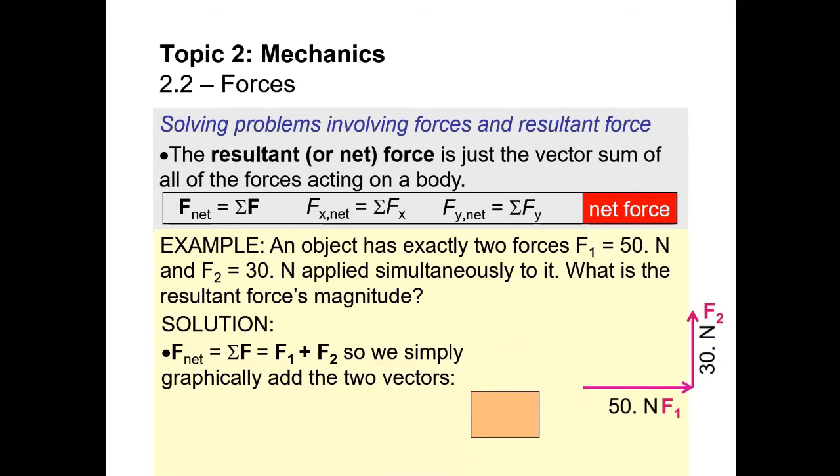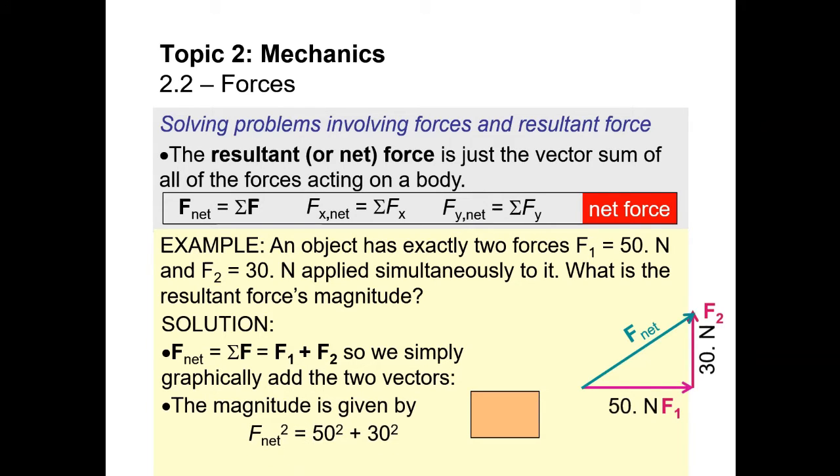The ending of the first force is the beginning of the second force, and that's our resultant force. Magnitude is given by the Pythagorean theorem. F net squared equals 50 squared plus 30 squared, and F net is 58 newton.